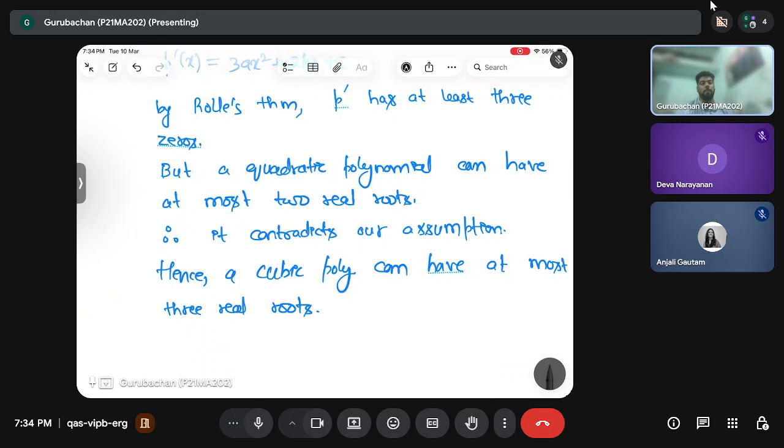Is it clear? Now we will do a question which has some subparts to apply the first derivative test and second derivative test for local extrema of a function.